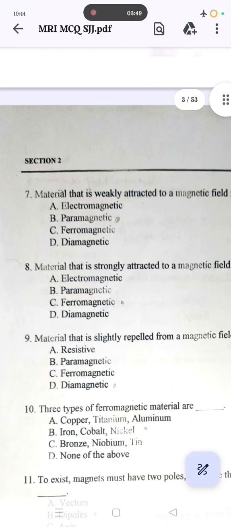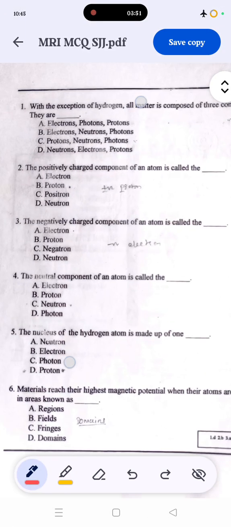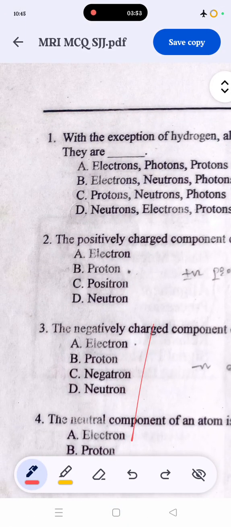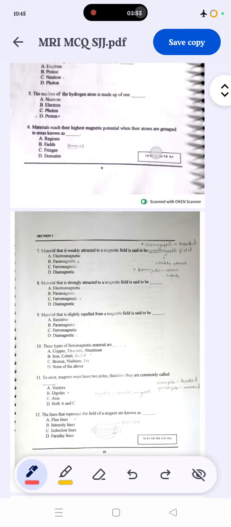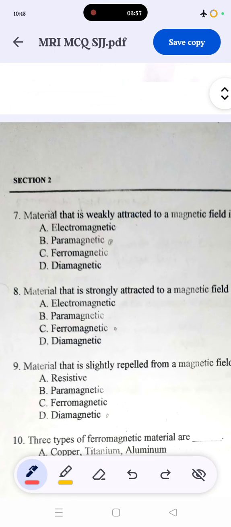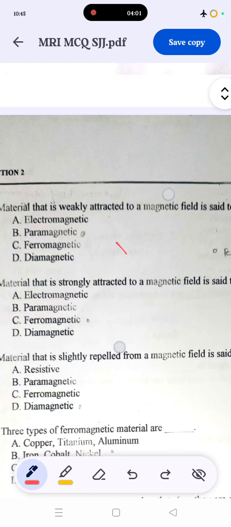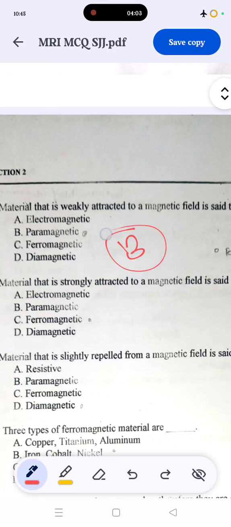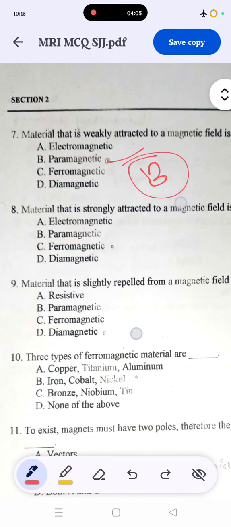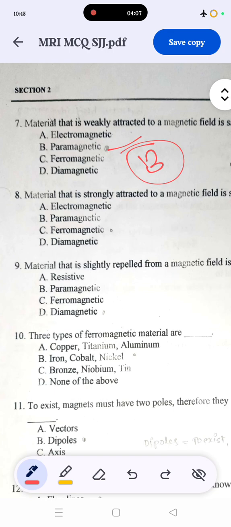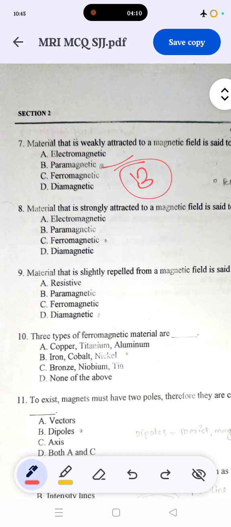The correct answer is B, paramagnetic. A material that is strongly attracted to the magnetic field is ferromagnetic.